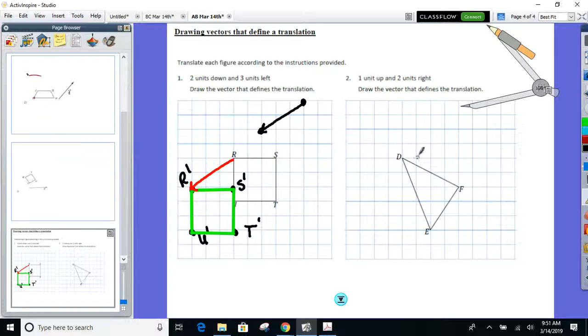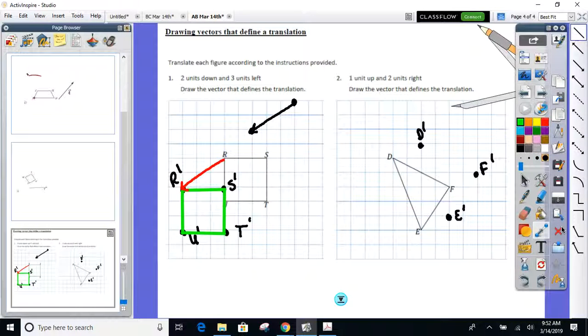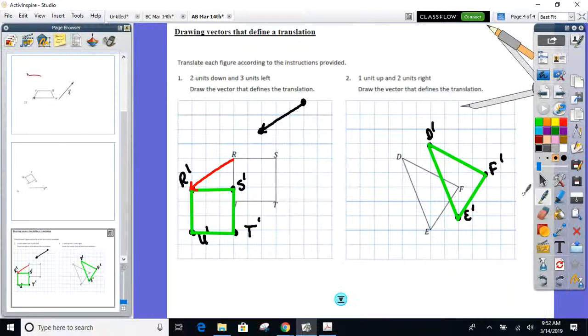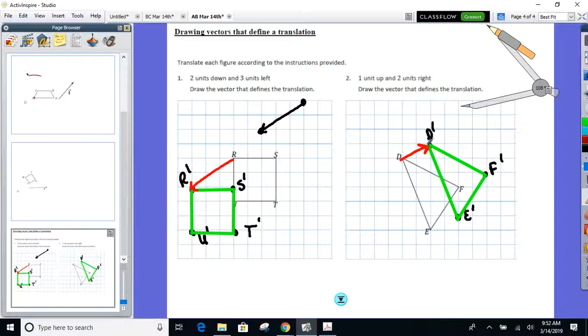Right 2, up 1. And making sure the vector is always going towards your image.